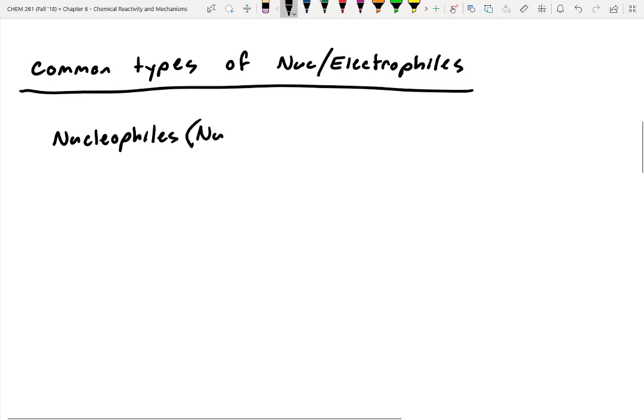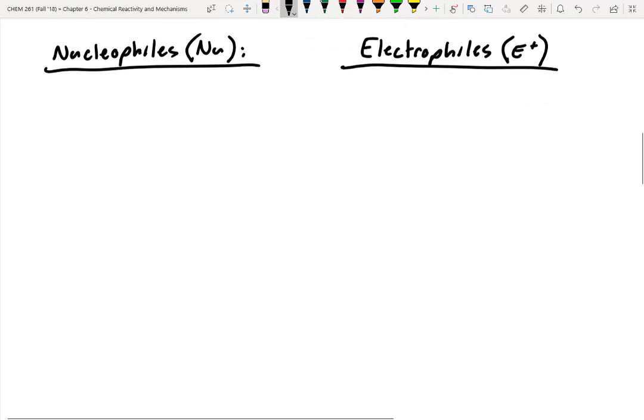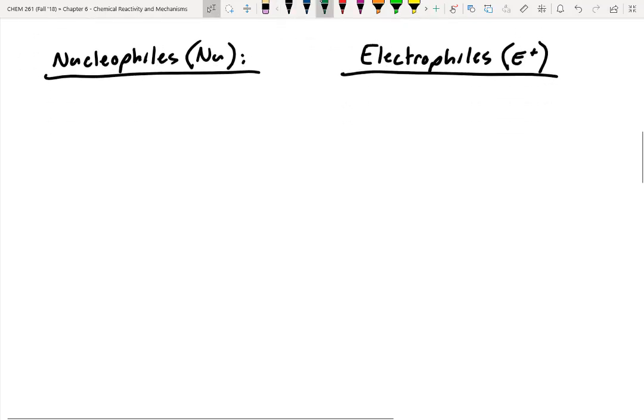Oftentimes I just abbreviate these Nu, and then we'll do electrophiles over here, which I often abbreviate as E plus or E partial plus, depending on the situation. Nucleophiles, like I said, are things that are electron rich. Electrophiles are things that are electron poor.